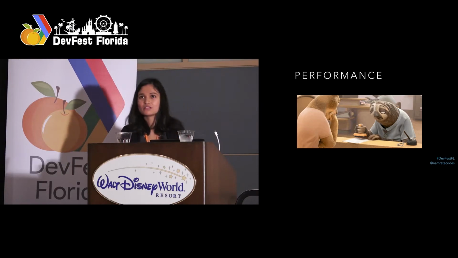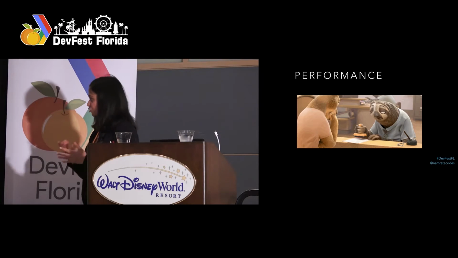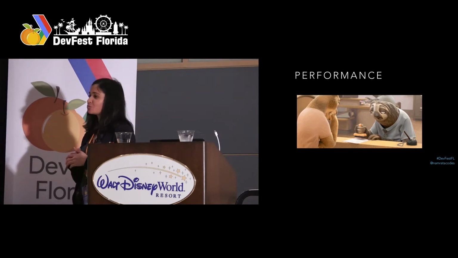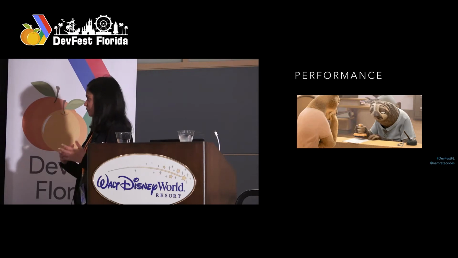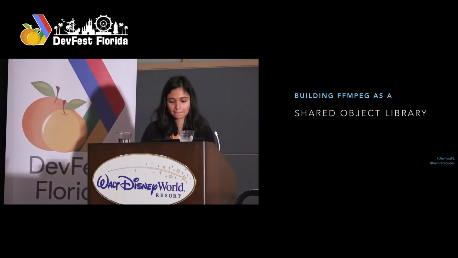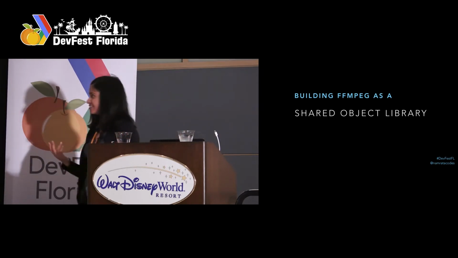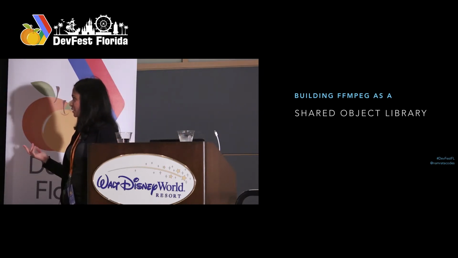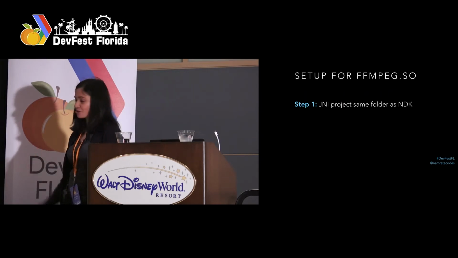I feel the basic issue was that it was spawning a new process every time, and that would make the app less performant. So I started exploring the other way of building FFmpeg, that is to compile it as a shared object library.